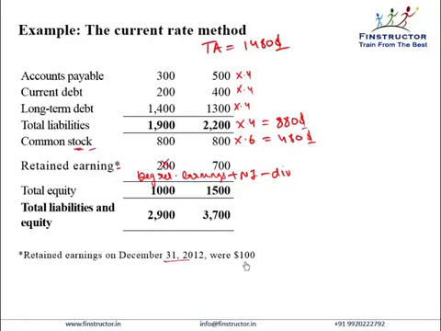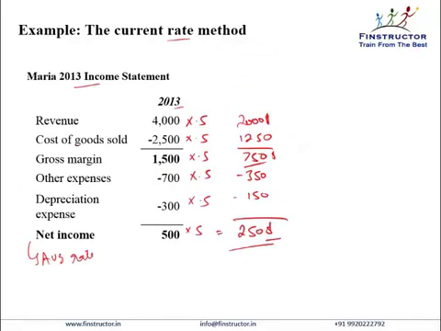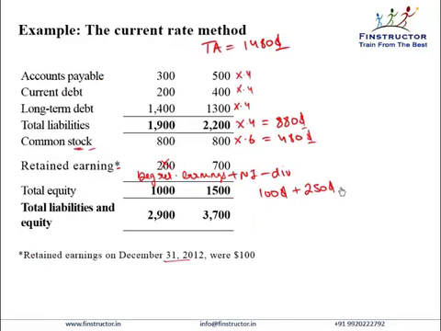So the beginning retained earnings are given to be $100. And we calculated the net income as $250 for 2013. There were no dividends, hence the retained earnings at the end of the period would be $350.